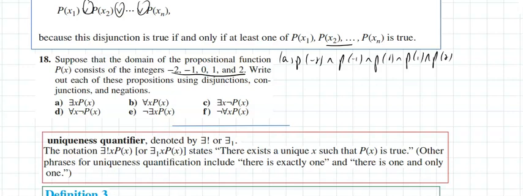As in part B, all. So it's not, sum. I'm sorry, sum is or. All means and.